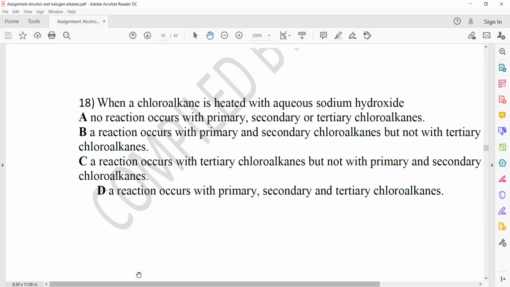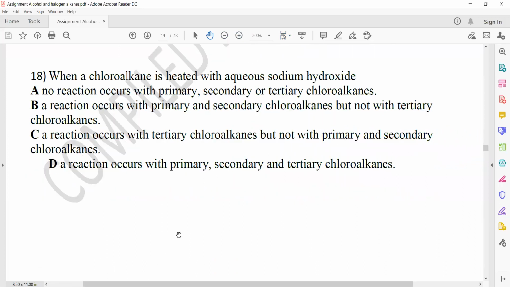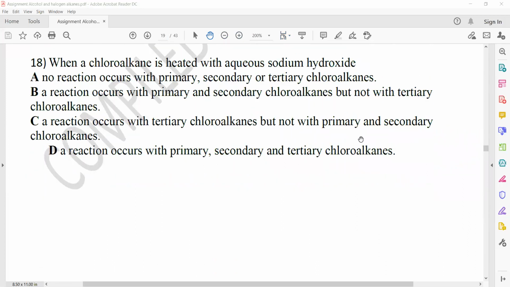Question 18. When chloroalkane is heated with aqueous sodium hydroxide, what will happen? No reaction occurs; reaction occurs with primary and secondary but not with tertiary; reaction occurs with tertiary but not with primary and secondary; or reaction occurs with primary, secondary and tertiary all.